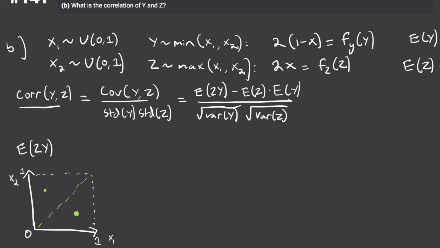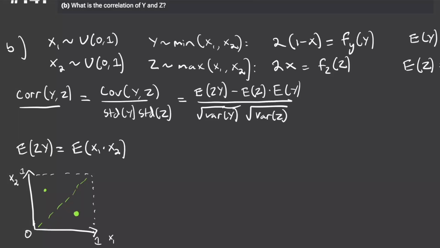So the expected value of the max times the min is basically, we're just going to sum up over every single possible combination of x1 and x2 and just multiply them together, because we're guaranteed, again, one of them will be the min and one of them will be the max. So the expected value of the minimum times the maximum, we can just write that as the expected value of x1 times x2, right?